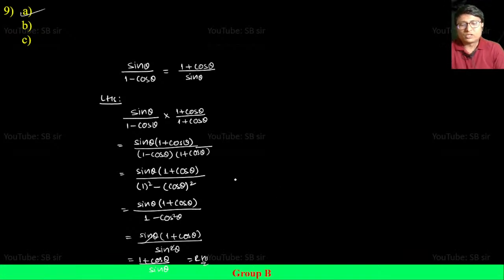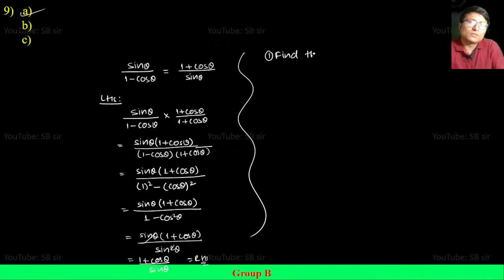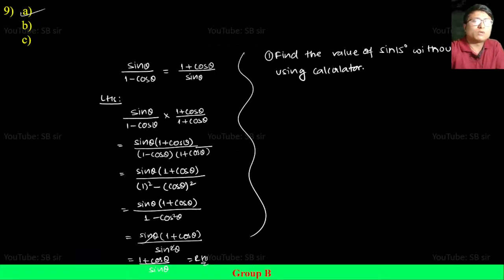Similarly, let's move to the next question. Out of these three, the question will be like: find the value of sine 15 degree without using calculator. So how to do it?